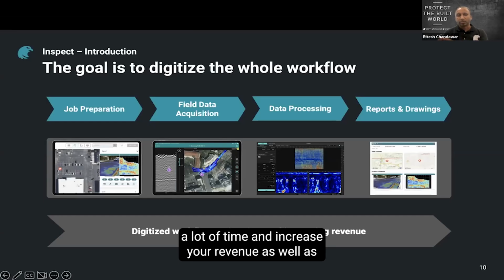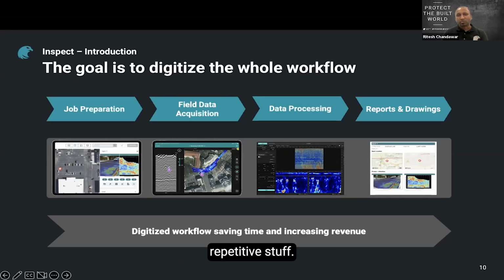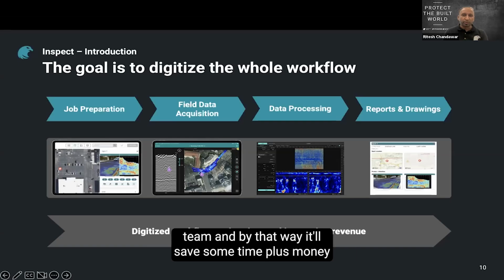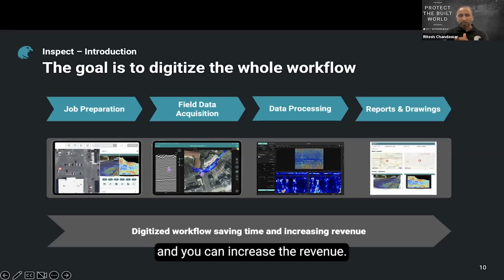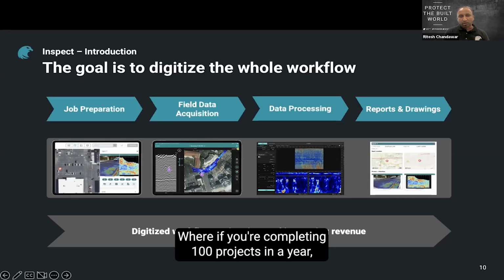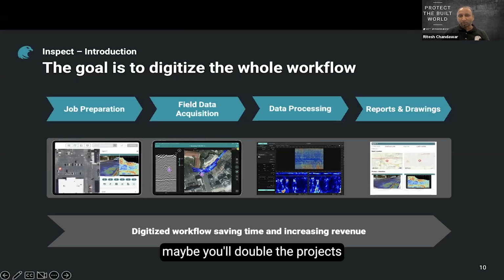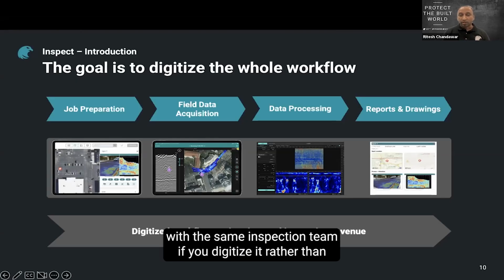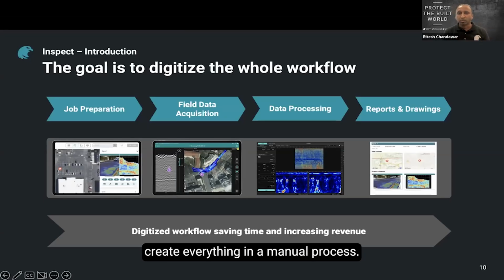It's also a massive headache for the inspector to do repetitive stuff, so it will increase the efficiency of your team, save time plus money, and you can increase the revenue. Or you can also do more projects if you digitize your workflow: if you're completing 100 projects in a year, maybe you will be capable of doing double the projects with the same inspection team, rather than doing everything in a manual process.